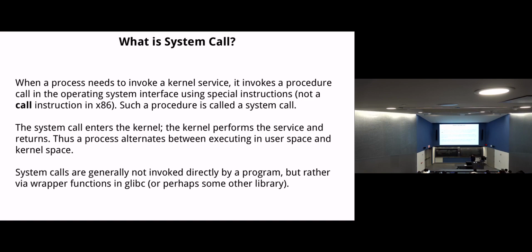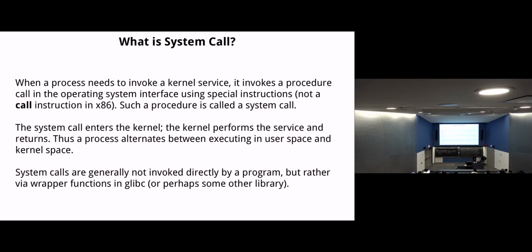Last class, I showed you there are some instructions in x86, like the call instruction to make function calls. When you want to make a system call, you do not use the call instruction. There are two more instructions you can use. In 32-bit, we can use int 0x80. In 64-bit, there is an instruction called syscall.